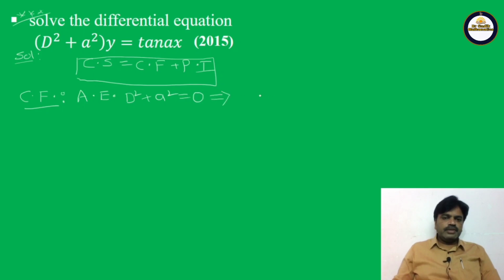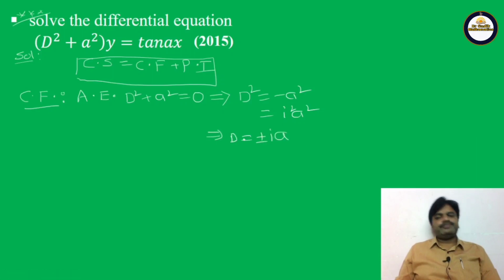Here we get D square is equal to minus a square. This can be written as i square a square. That implies D is equal to plus or minus ia. So it is like, friends, alpha plus or minus i beta. The alpha value is 0 and the beta value is a.